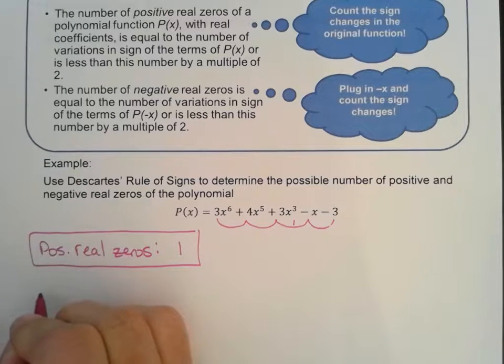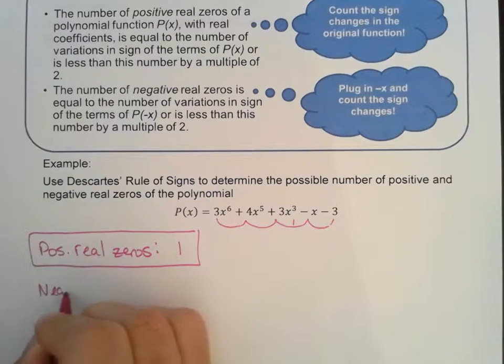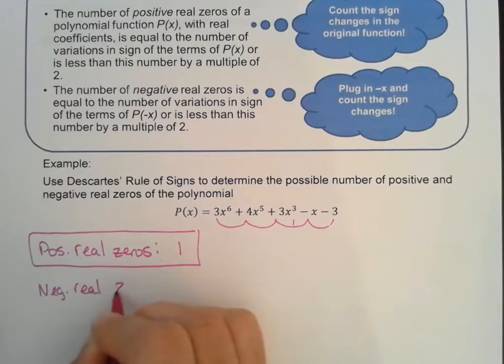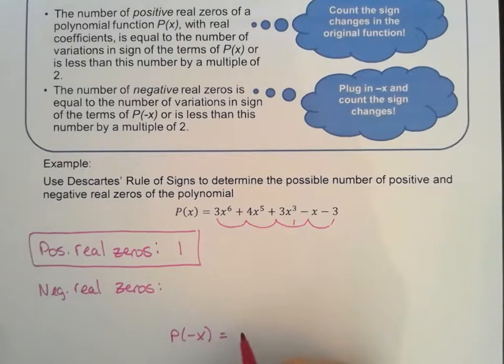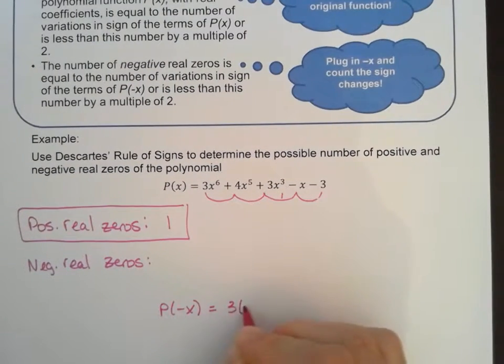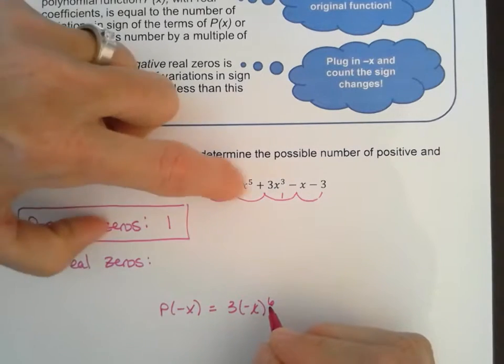How about negative real zeros? Well, to calculate that one, you need to do p of negative x. So you would have 3 times negative x to the 6. We're just putting a negative x everywhere there's an x.